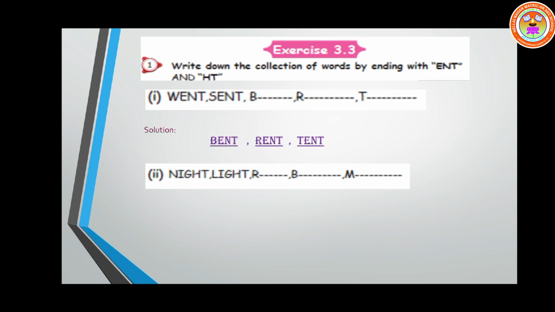But here I cannot just combine R and HT; that doesn't make a meaningful word, right? So I have to think about words. Night, light. What could be the rhyming word? Right. Yes, I can use right. Next, B. What about bright? Yes. Then might. So see here: right, bright, might. All my words end with HT.